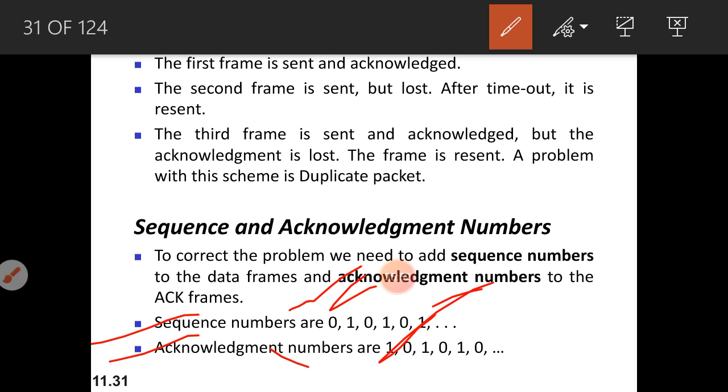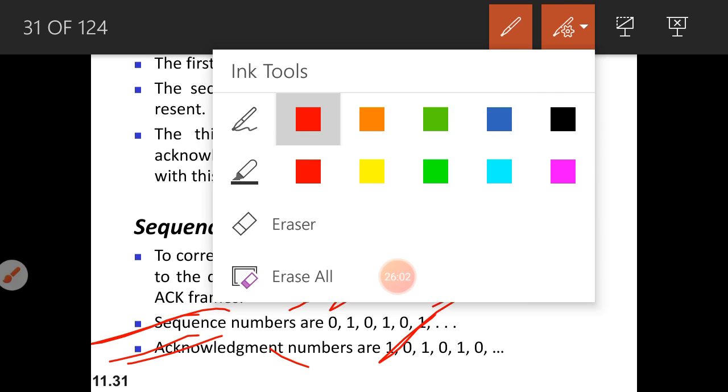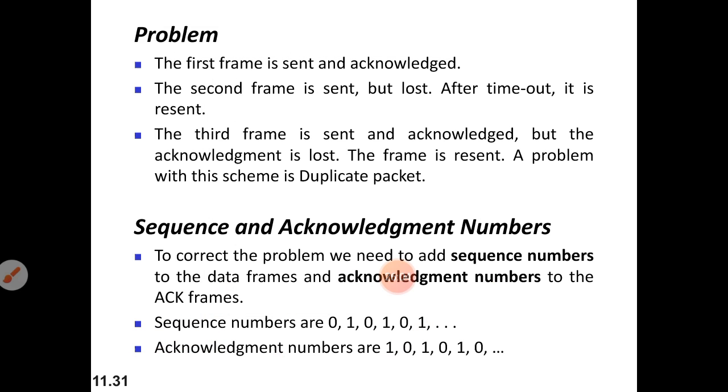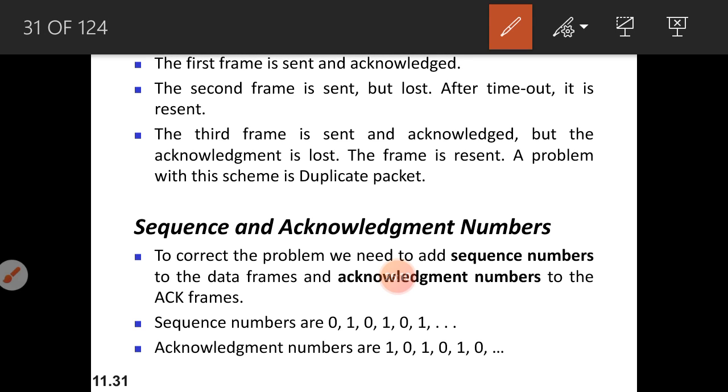So how can we avoid a duplicate frame by using the acknowledgement and sequence numbers? For example, if the receiver has received the frame with sequence number 0, and it is the correct one, it will extract the packet and deliver it to the network layer.